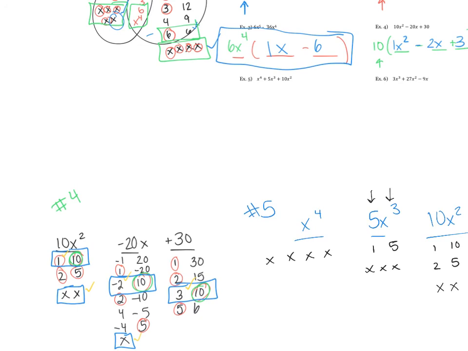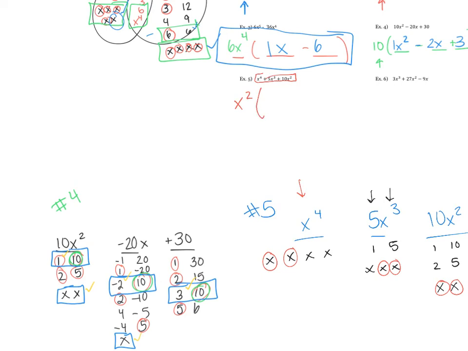Now, this is important because this one doesn't have a number, so no number is being taken out. The thing that they all do share, though, is 2 x's. 1, 2, 1, 2, 1, 2. So I know that out of this expression, I could take an x squared out.